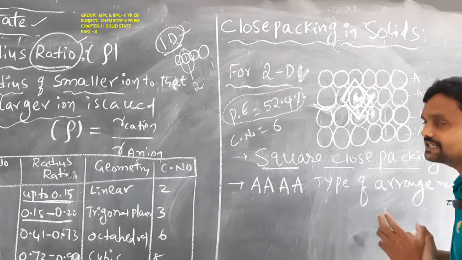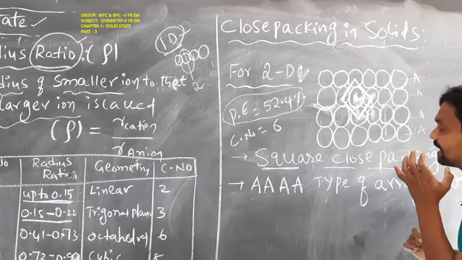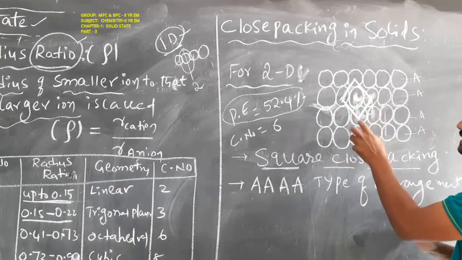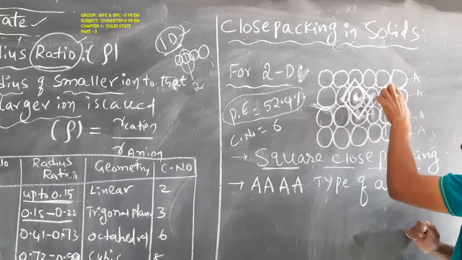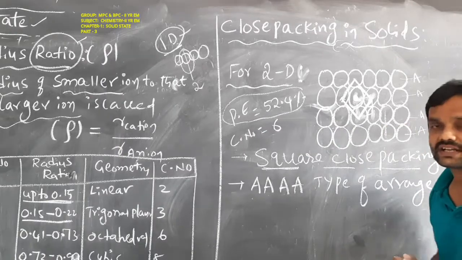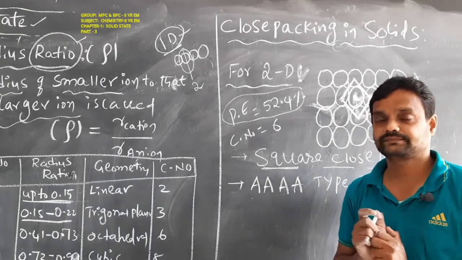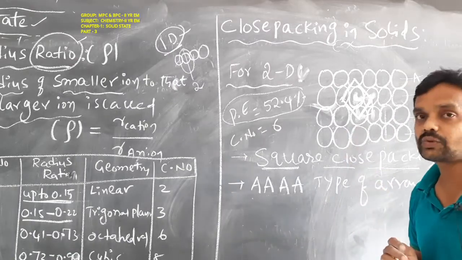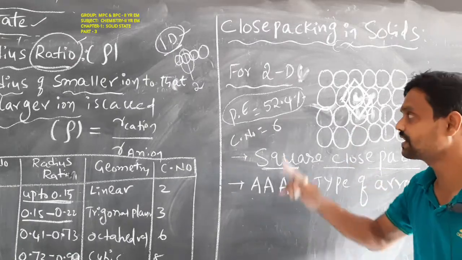Packing efficiency means, clearly observe, when they are arranged in this square close packing, some vacant space arises. Clear, students? Some vacant space arises. So the crystal lattice is considered 100%. The atoms occupy only how much volume?